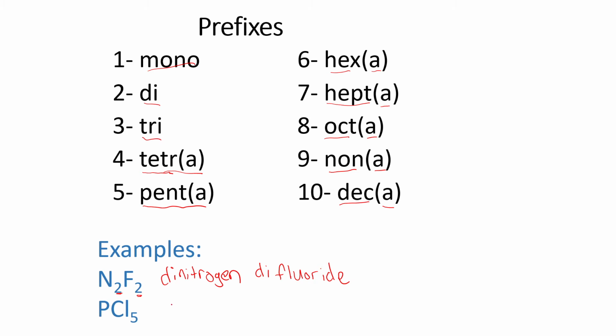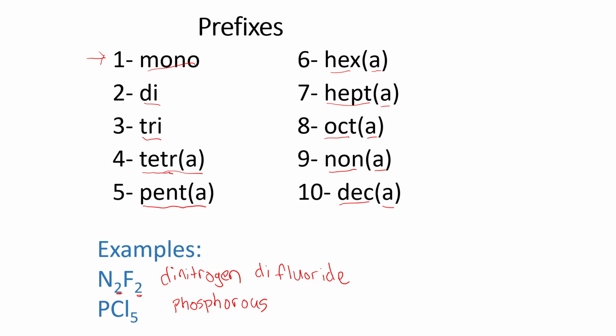P is phosphorus. Now, I only have 1 phosphorus. The prefix for 1 is mono. However, if the first element has only 1, I do not use mono.